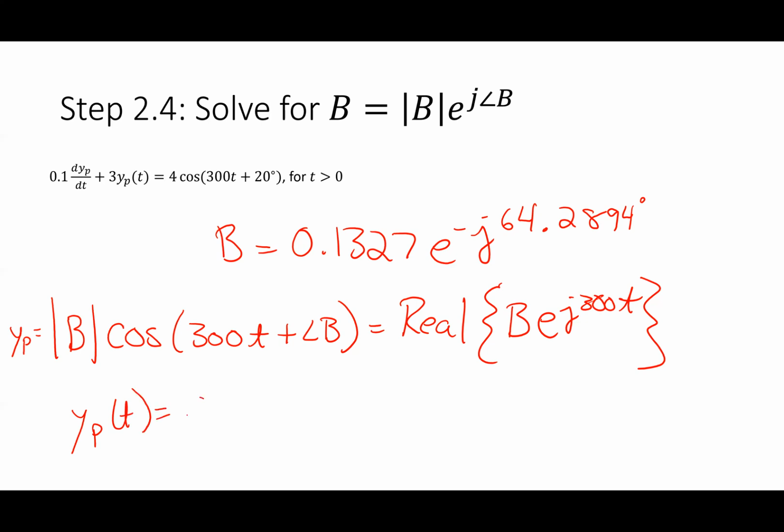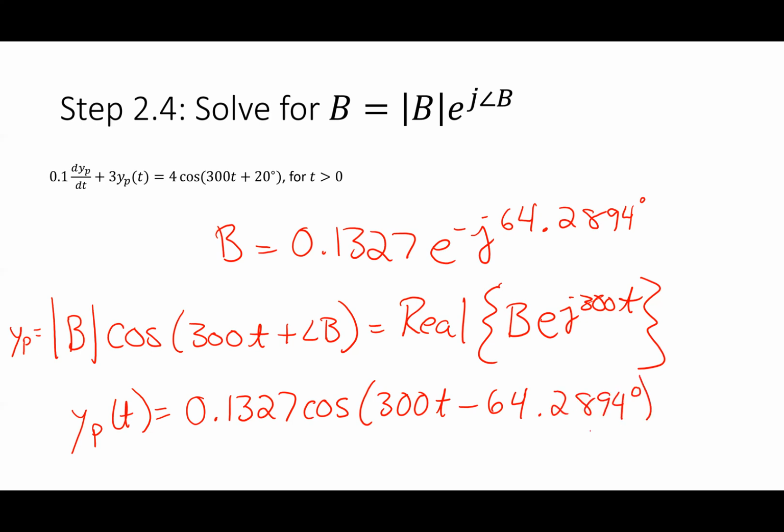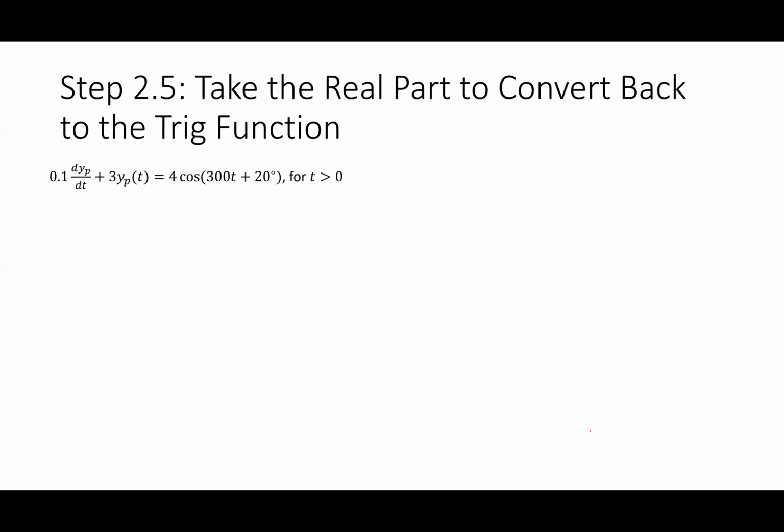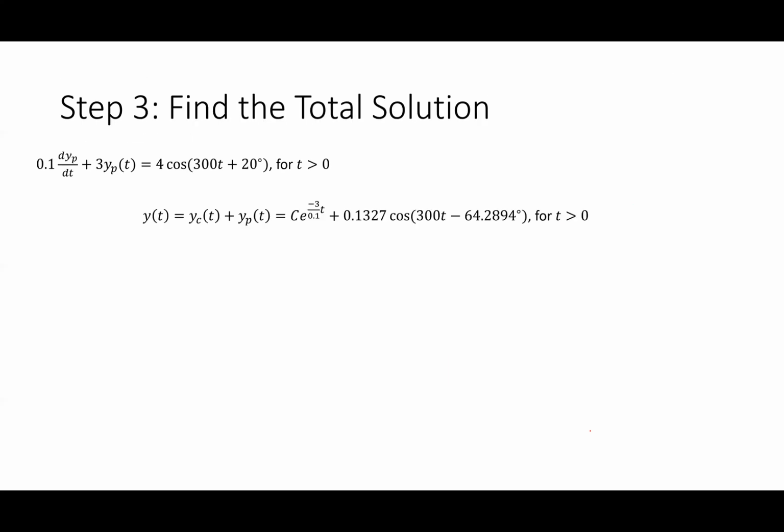It's 0.1327 cosine of 300t plus the angle of B, which is actually a negative number, negative 64 degrees. And now I've got it. I got it back to the trig function, and so I end up with this whole thing here.